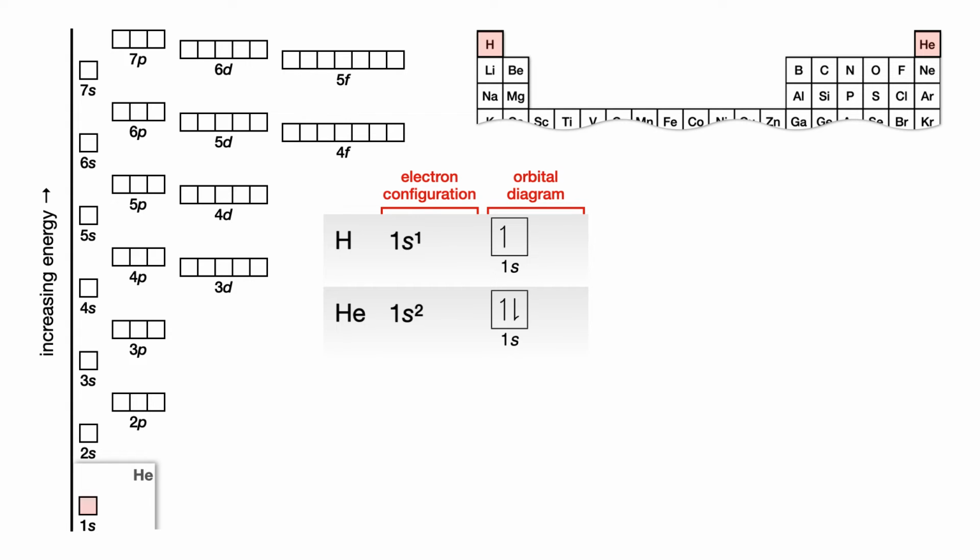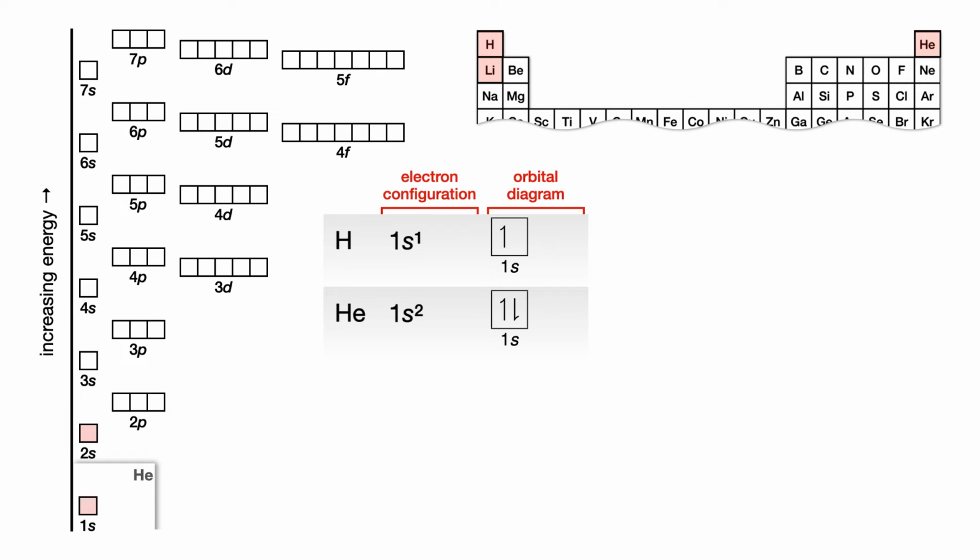If you move on to the next element in the periodic table, which is lithium, lithium has an atomic number of 3. It has a third electron. There's no room for a third electron in the first energy level, so it has to go into the second energy level, and the first available orbital is the 2s.